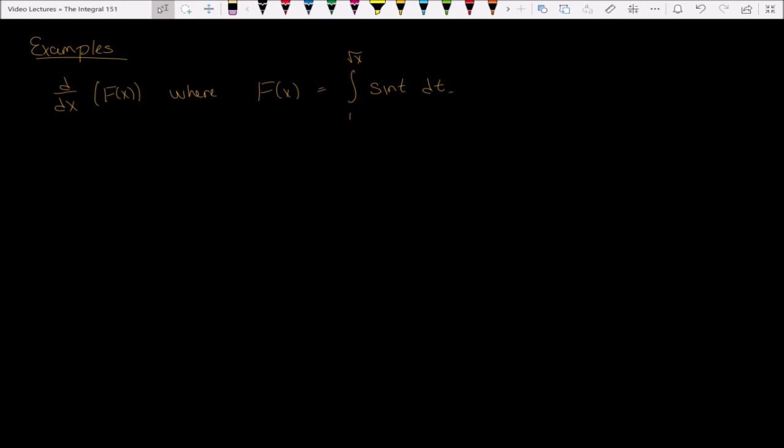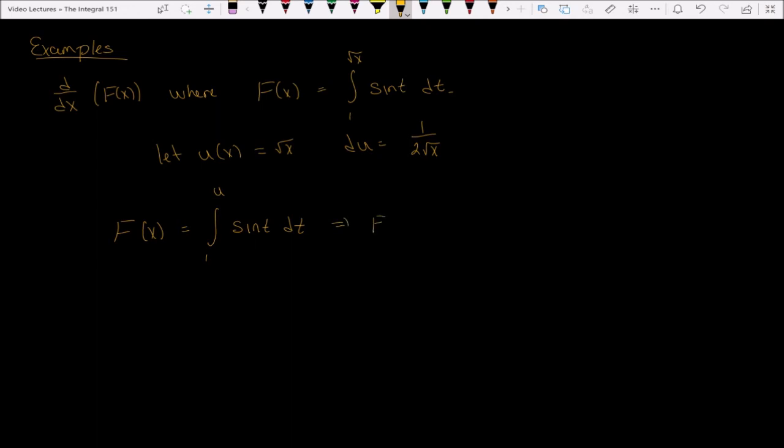Now, what we need to do, though, is part 1 was a to x, not a to root x. So we say, let u of x be the square root of x. And notice then that u prime would be 1 over 2 root x. Then we can write f of x as the integral from 1 to u sine of t dt.